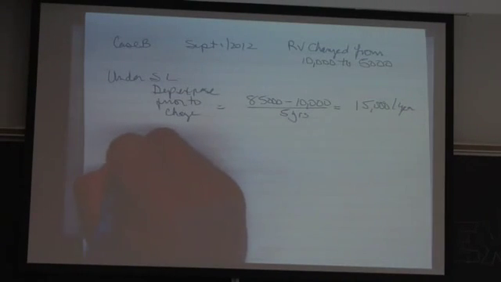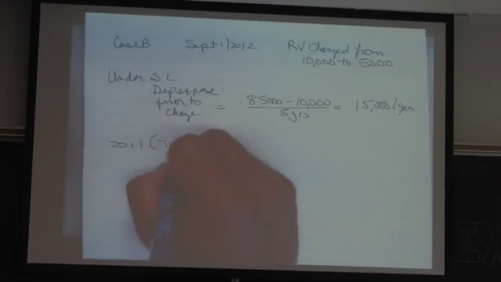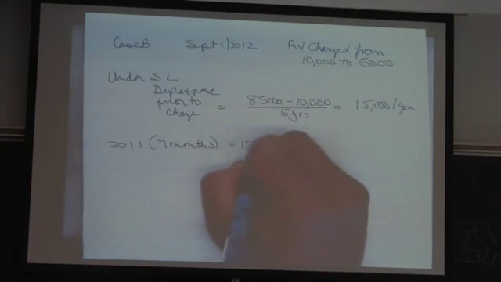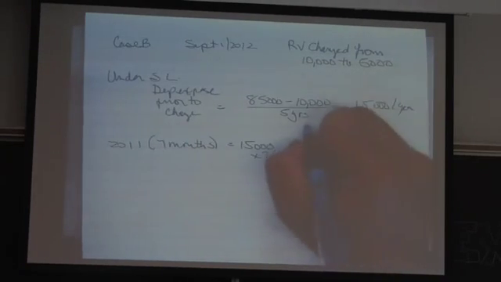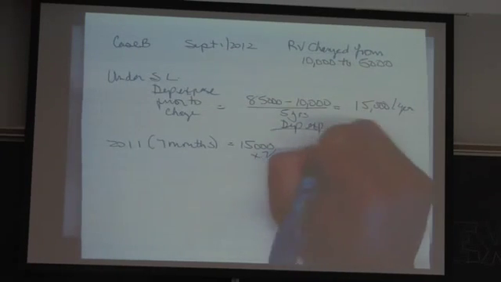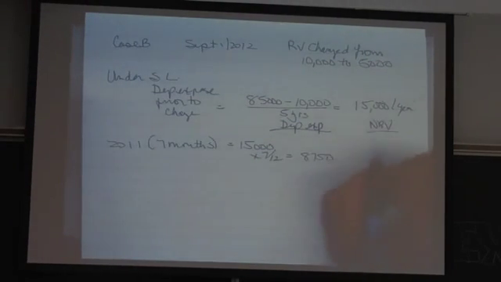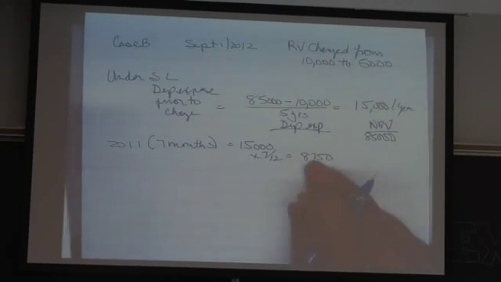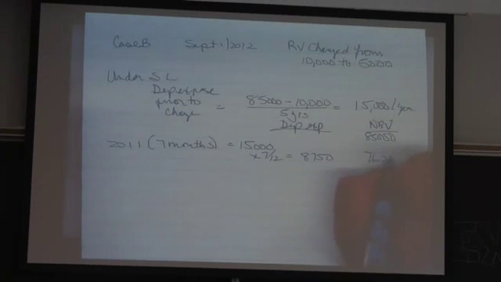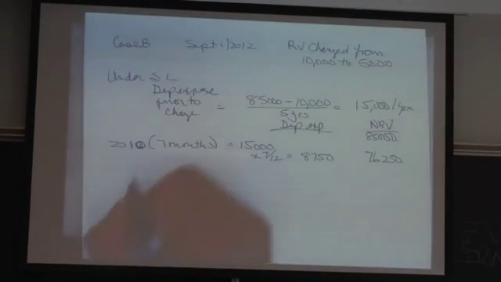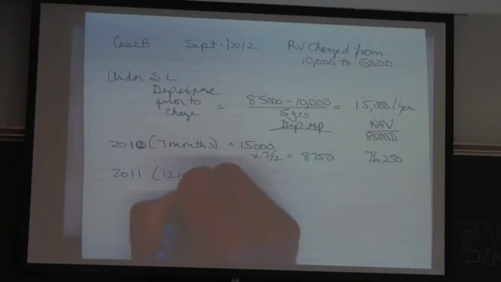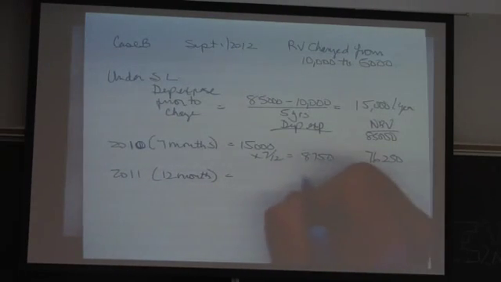So for 2010, because there's only 7 months, we're going to take 15 times 7 over 12 to give us 8,750. So this is the depreciation expense. And the net book value is going to be 85,000 less 8,750 to give us 76,250. For 2011, it's the full 12 months of depreciation. So it's 15,000. Net book value is 61,250.